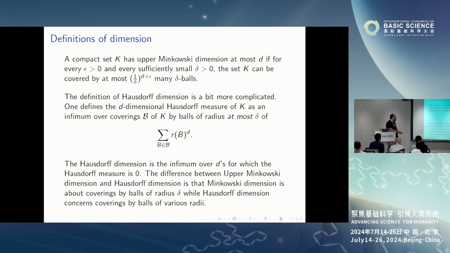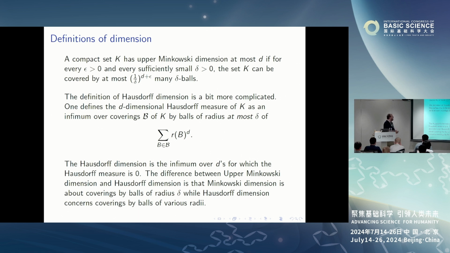So for upper Minkowski dimension, we were dealing with coverings by balls of radius delta. There was one fixed delta that we would look at a time, whereas for Hausdorff dimension, you're looking at efficient coverings by balls of various radii, because this infimum is taken over all coverings by balls of radius at most delta.